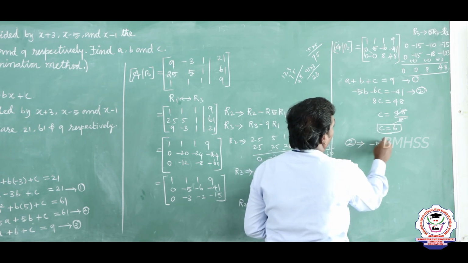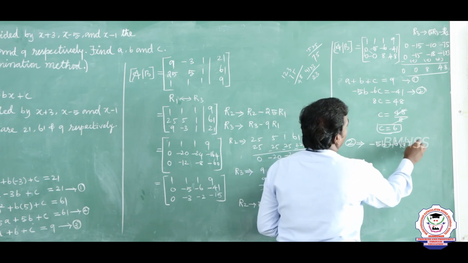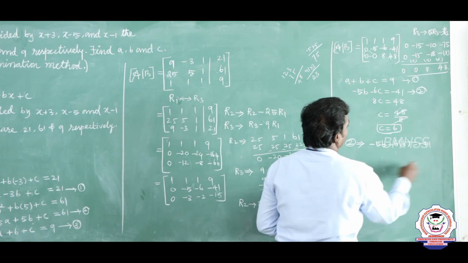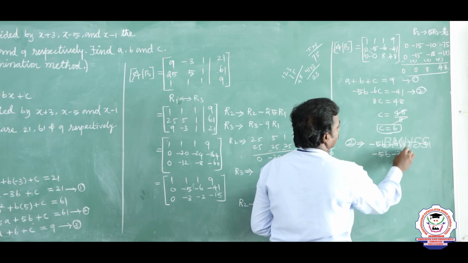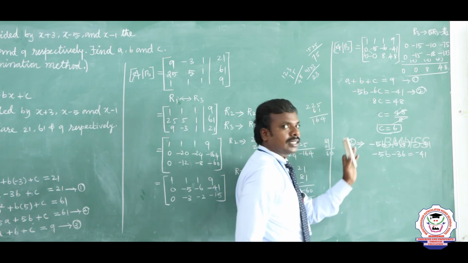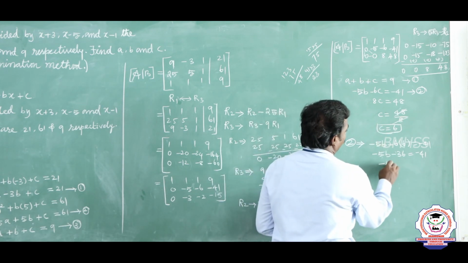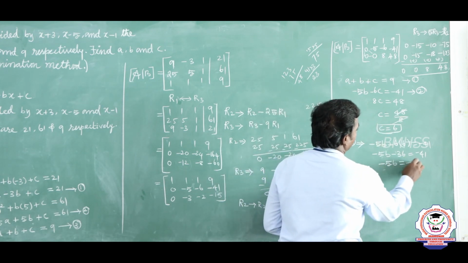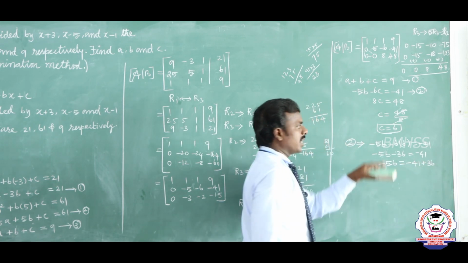Minus 5b minus 6 into 6 is equal to minus 41. So listen to this. Minus 5b, 6 6s are minus 36 equal to minus 41. This minus 36 taken to the right hand side, it will change as plus 36. Minus 5b is equal to minus 41 plus 36.